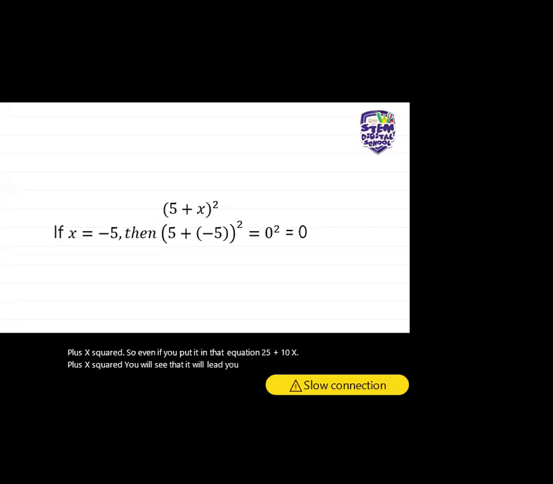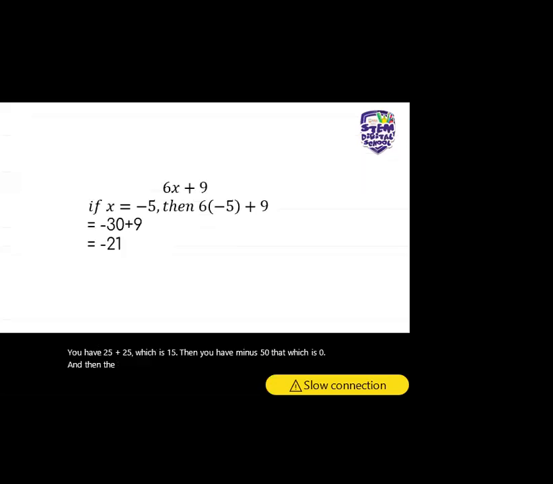Remember, -5 squared is 25, and then 10 times -5 is -50. So you'll have 25 plus 25, which is 50. Then you'll have minus 50 there, which is 0. And then the last one holds as well. We just did the last one, which is 6x plus 9. That is the last expression.